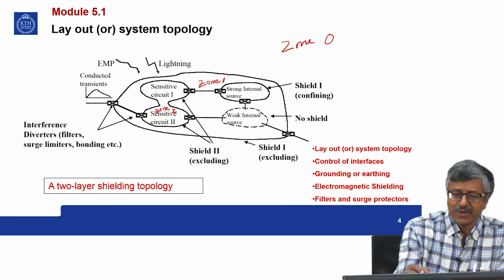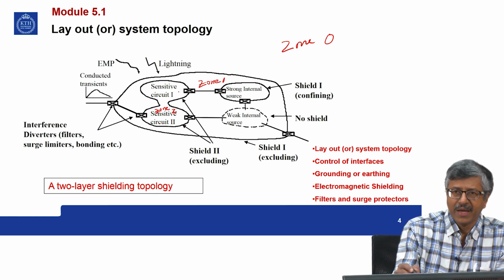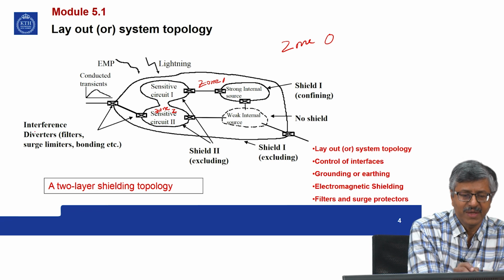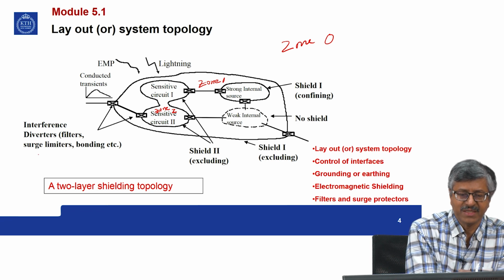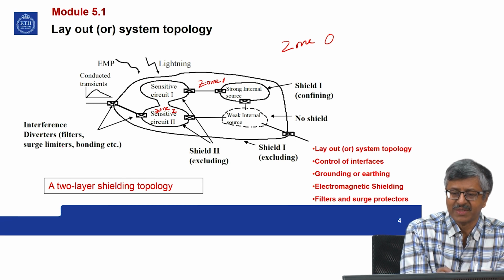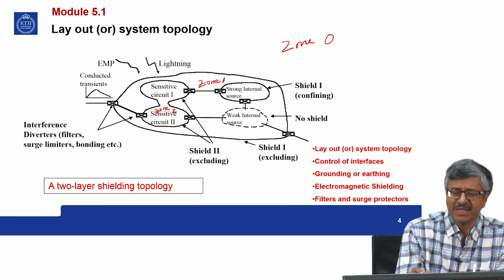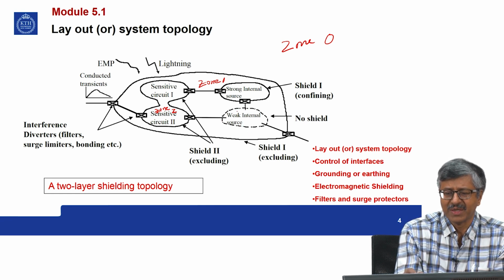So you mark all these boundaries, and you can control these boundaries by interference diverters like filters, surge limiters and bonding, the details of which we will see later. Now, there may be a weak internal source that may not disturb anything else. So, perhaps you may not have to do too much action around it.